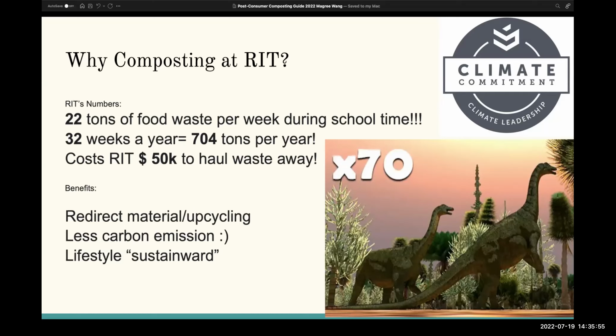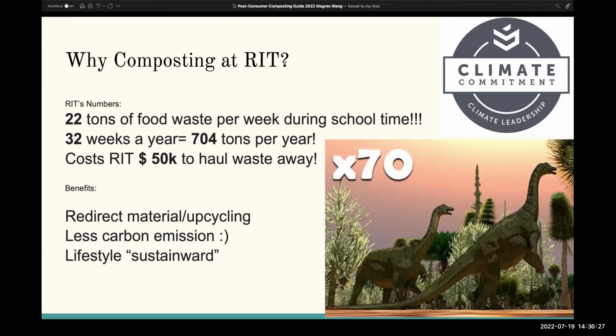And that waste currently costs RIT $50,000 to haul away. So here I have 70 times this type of dinosaur called Saltosaurus. So that's kind of how much it would weigh. Another thing to think about is the Christ the Redeemer statue. That's how much it weighs.